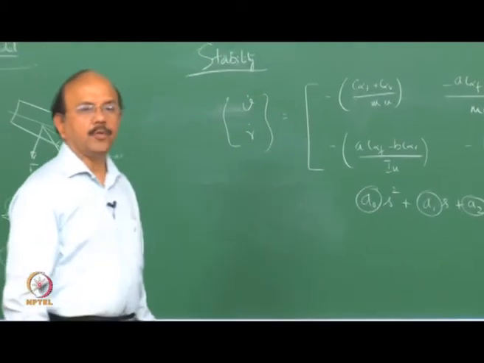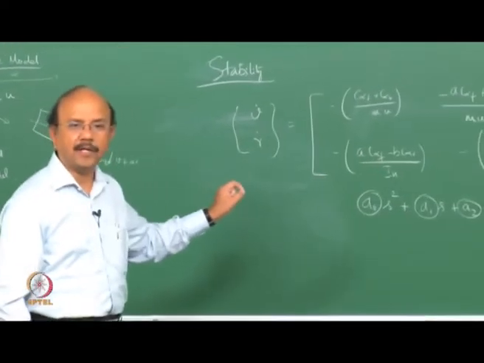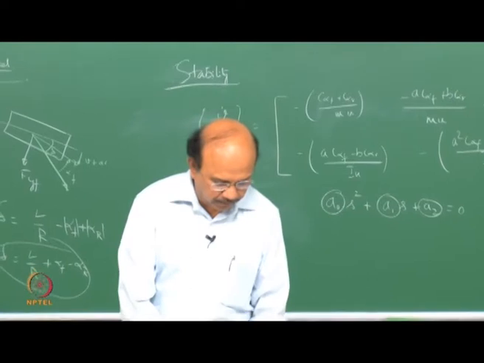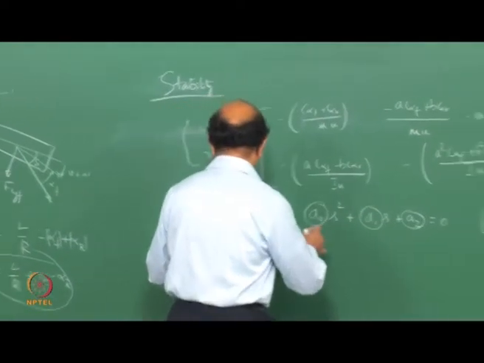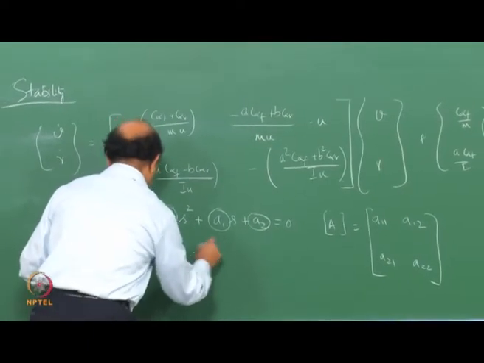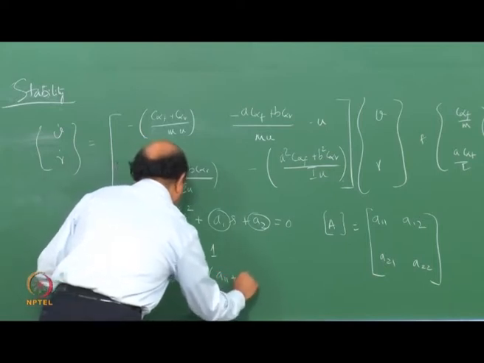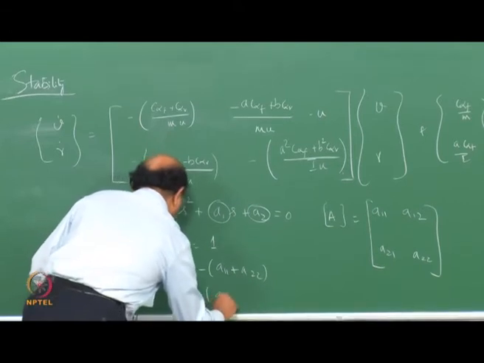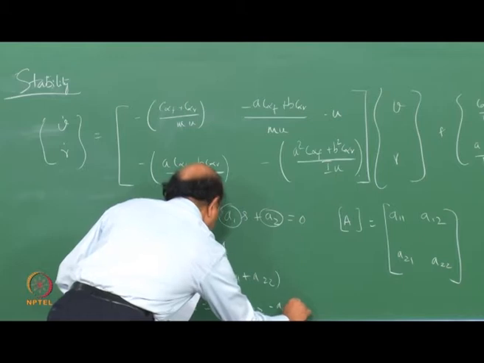So in this system, I'm going to write down A0, A1, and A2. Go back and look at it, where A0 we had already written. So A1 is equal to minus of A11 plus A22, and A2 is equal to A11 A22 minus A12 A21.